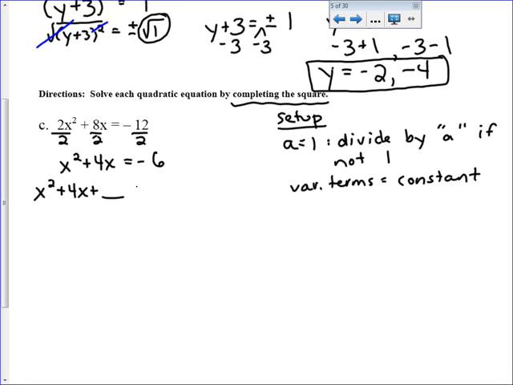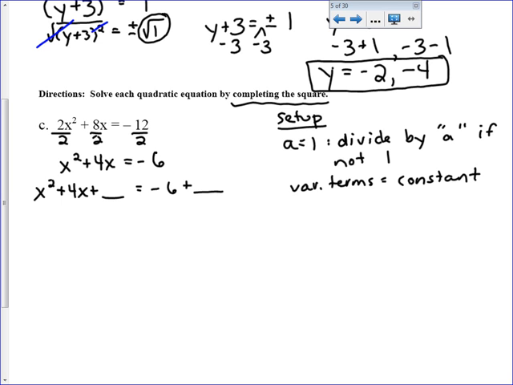Completing the square entails finding the constant that makes a perfect square trinomial. So without shouting it out yet, find the constant that completes the square. We're working on directions.